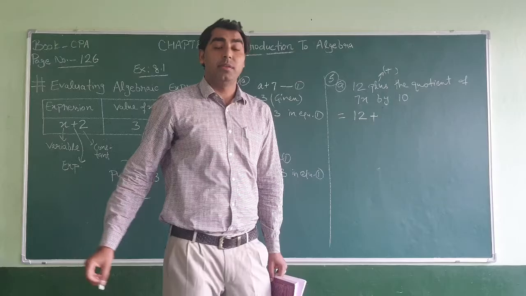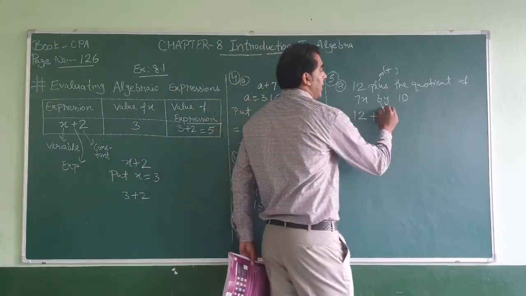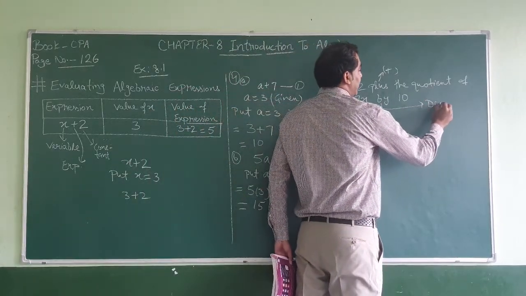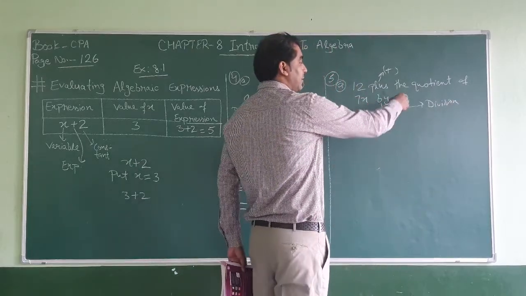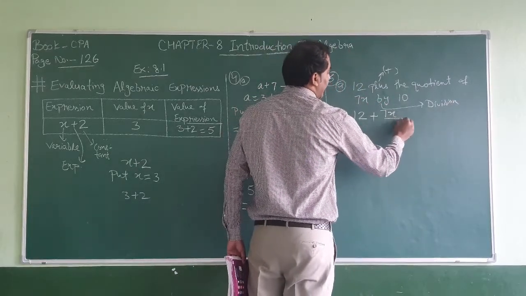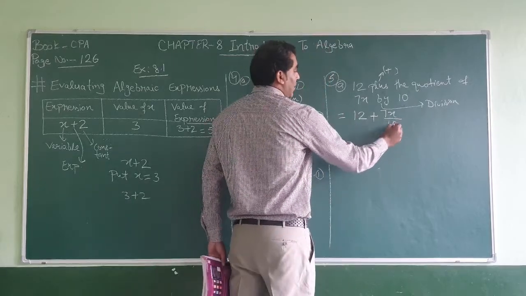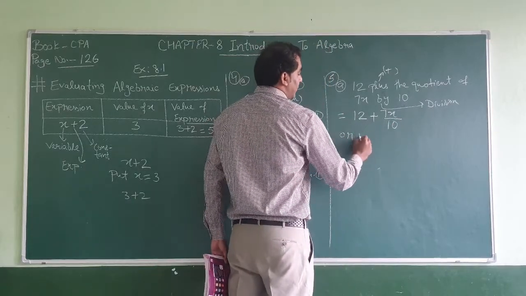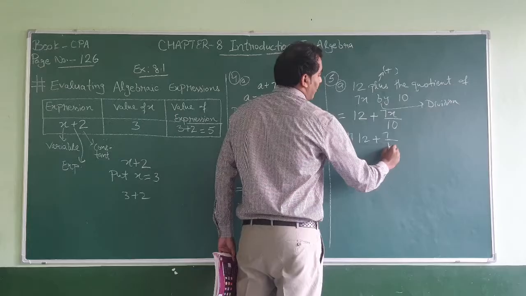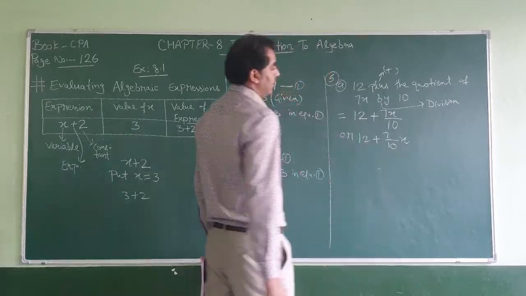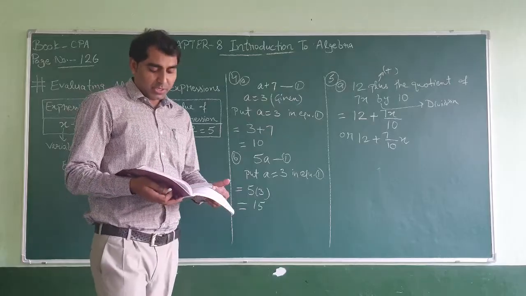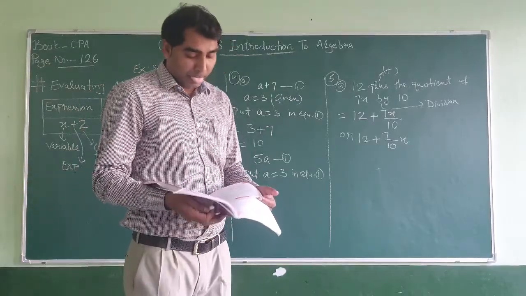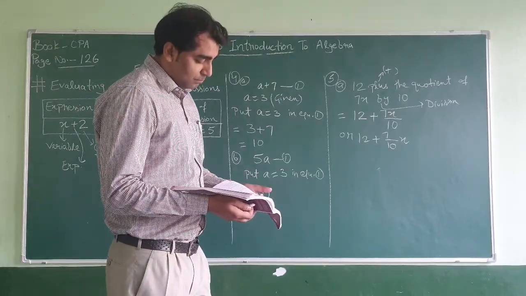By means division. So 7x by 10, or we can write this as 12 plus 7/10 into x. Both answers are the same. Okay, understood? So all things are the same.